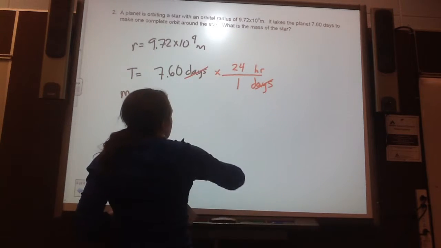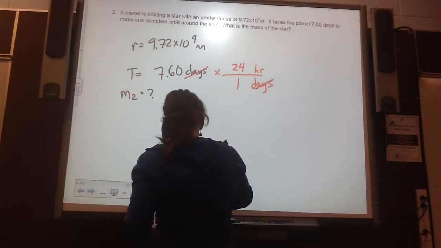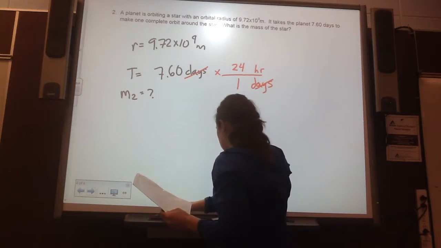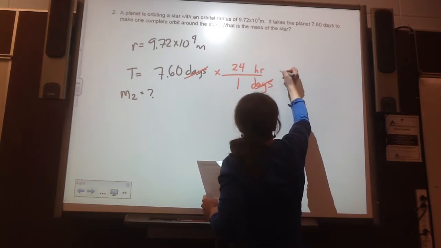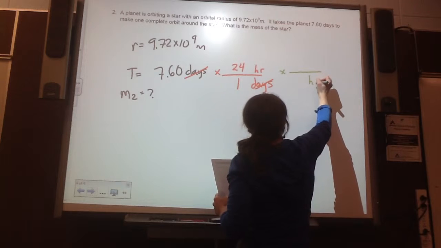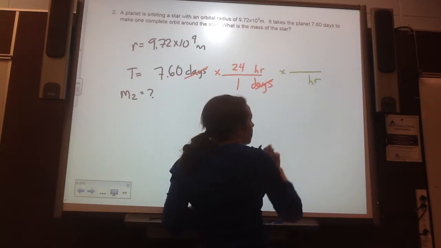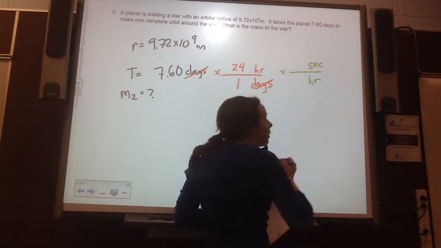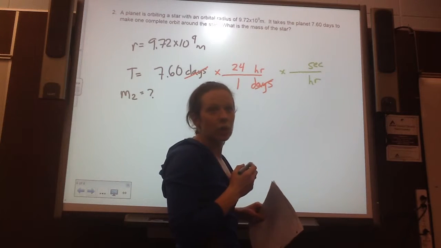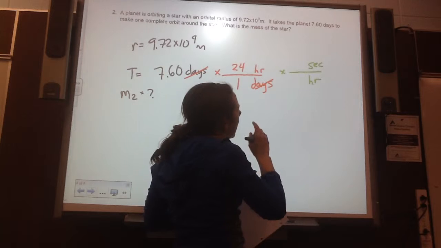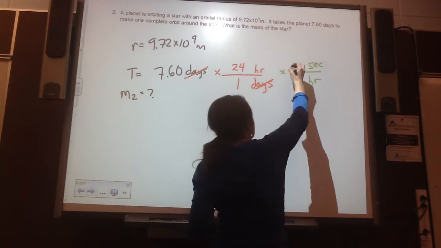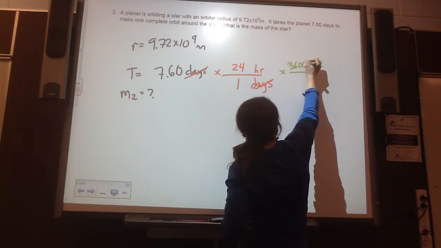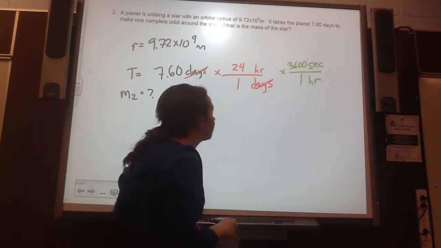So we cross off days, and now we have our units in hours. Next, I can multiply by a fraction with hours on the bottom so I can cross it off, and I would like to end up with seconds. How many seconds in 1 hour? We just discussed that, 3,600 in 1 hour.